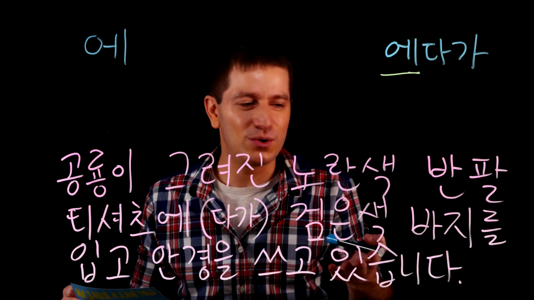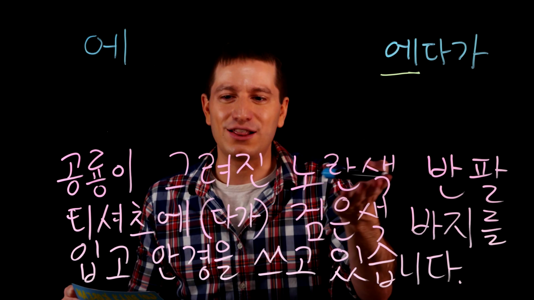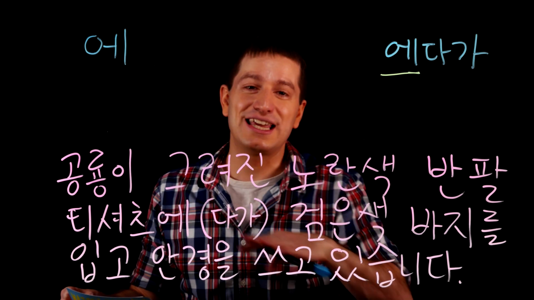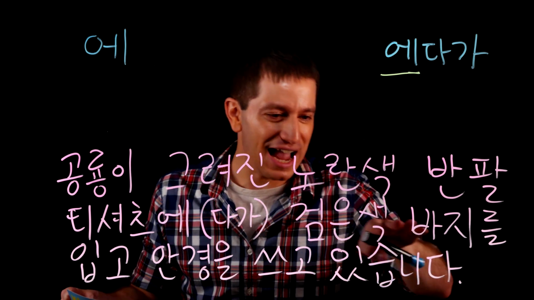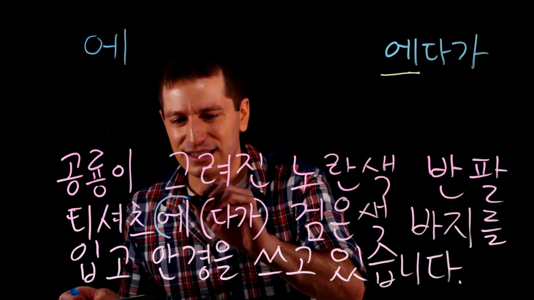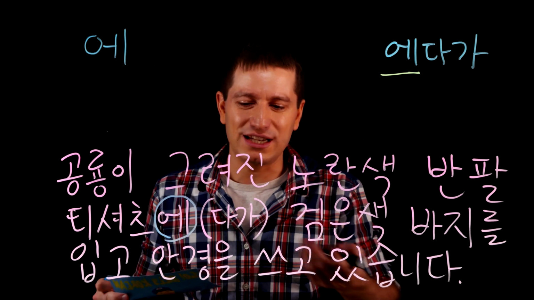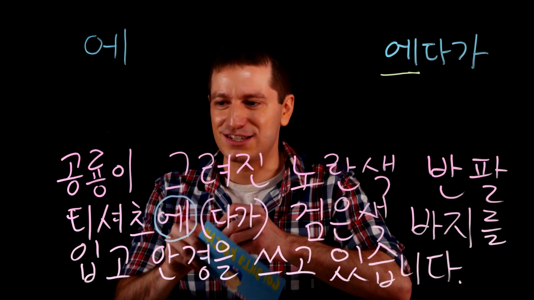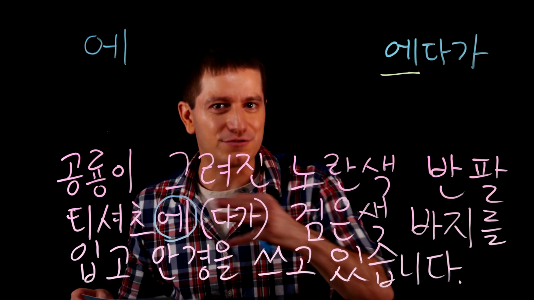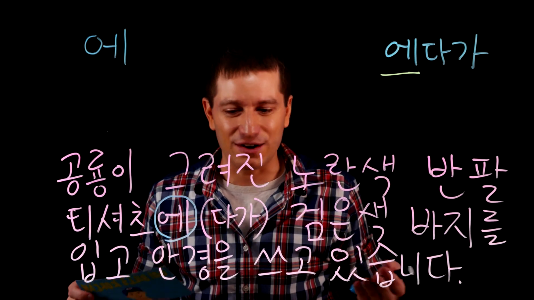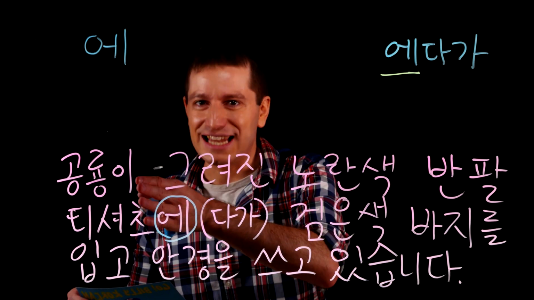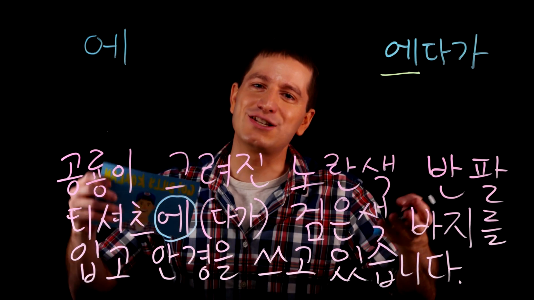So we have a kid who has a yellow short sleeve t-shirt with a dinosaur drawn on it. In addition to that, they are also wearing black pants and glasses. But this 에 here is 에다가, shortened here to just 에 in the actual sentence. So we get a sentence that means, in addition to all of this, he is wearing glasses, black pants, and a yellow short sleeve t-shirt with a dinosaur drawn on it.